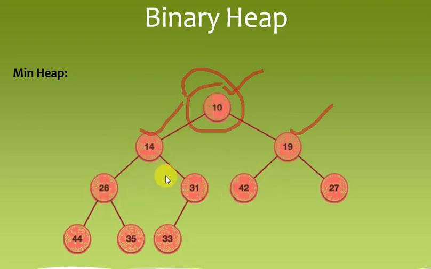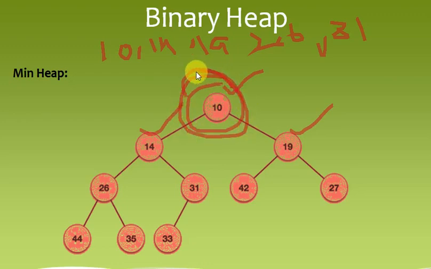If you want to write it in an array, then we will write 10, 14, 19, 26, 31. But the main point is that its root has the minimum value, so it will be called a minimum heap.